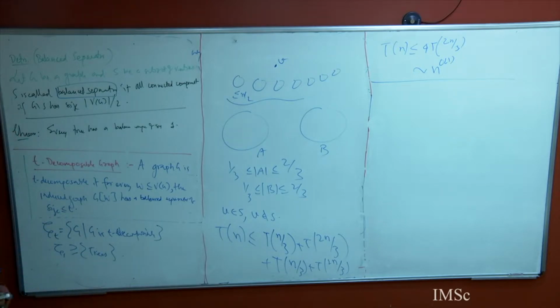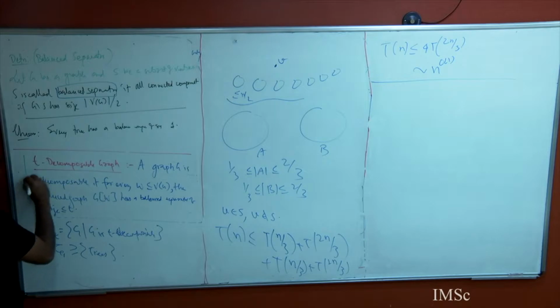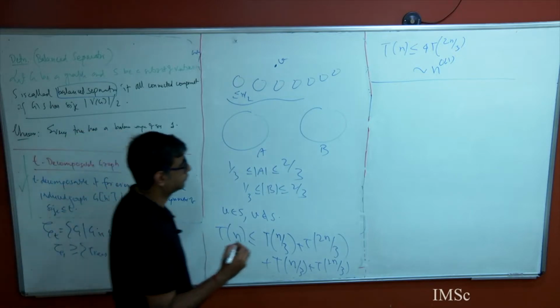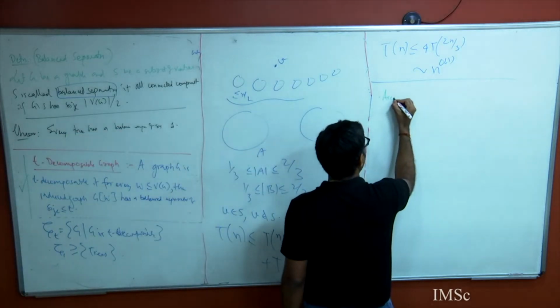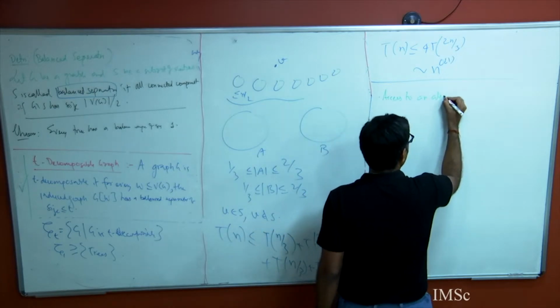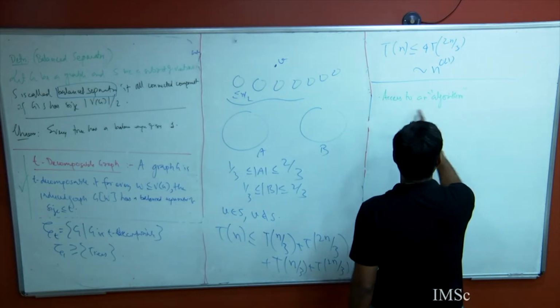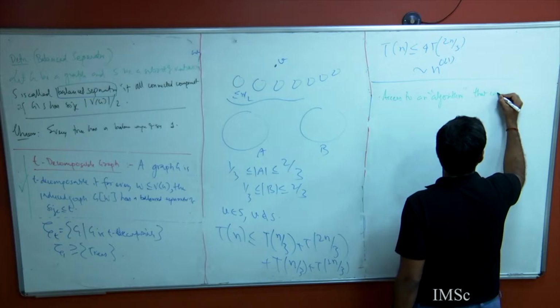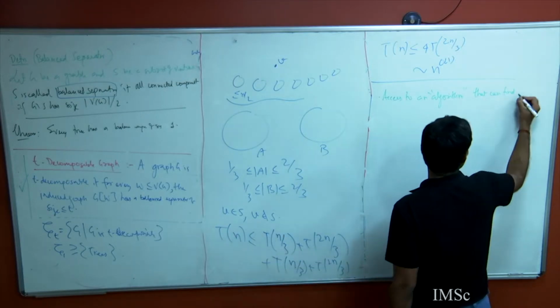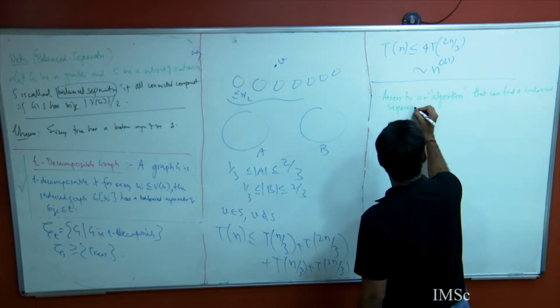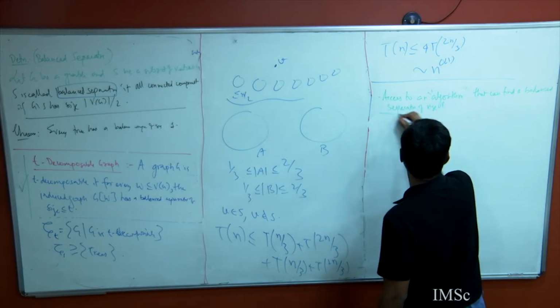Now I asked you a question: suppose I gave you a T decomposable graph, and also an algorithm which can return a balanced separator of size T. You have access to two things, and we will see in a minute how we can get access to an algorithm that can find a balanced separator of size T. What is my goal?